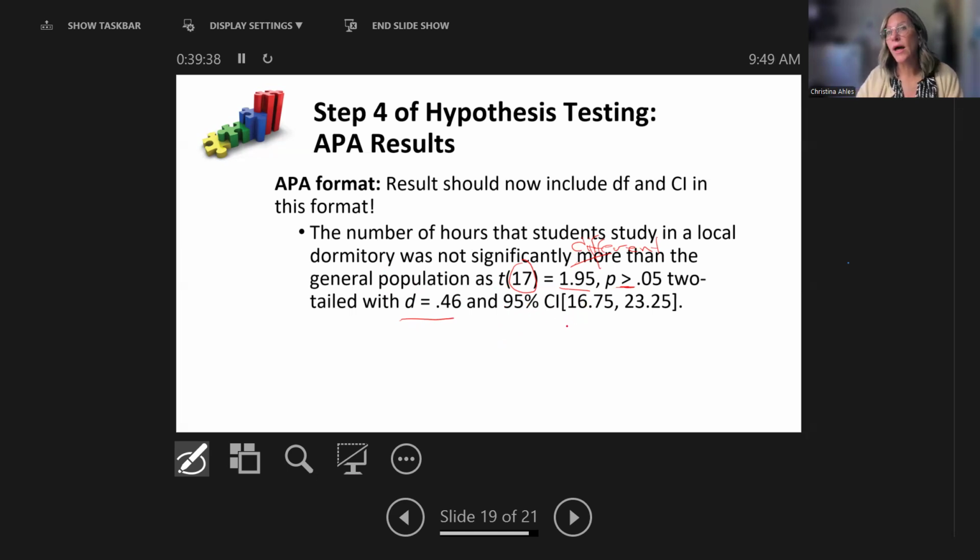If it was 0.01, it would be a 99% confidence interval, because 0.01 is 1%, and subtracting that from 100% gives 99%. Alpha of 0.05 is 5%, subtract that from 100%, and that's 95%. CI, and then brackets, your lower confidence interval, comma, upper confidence interval, close the bracket, period. It's all one sentence, and that is your APA results for that.